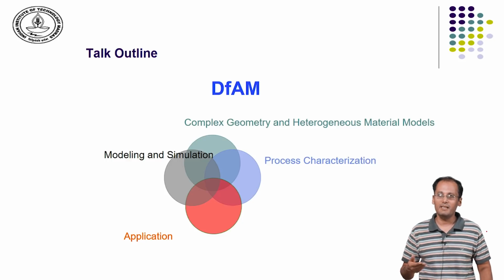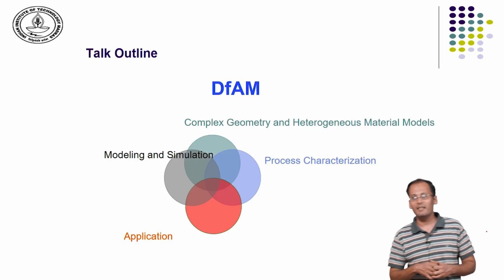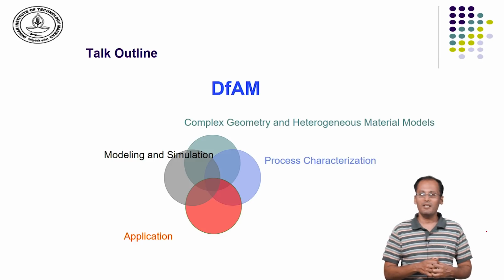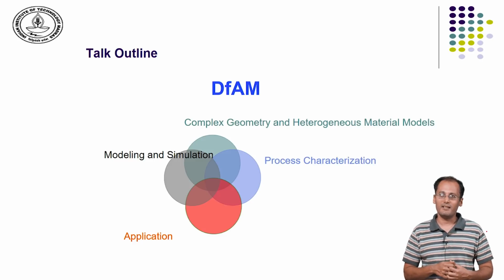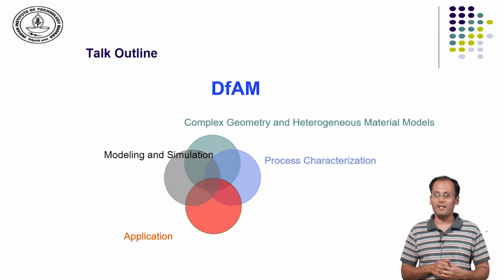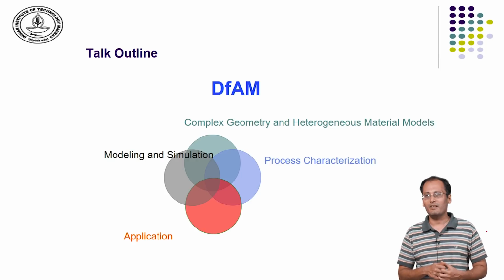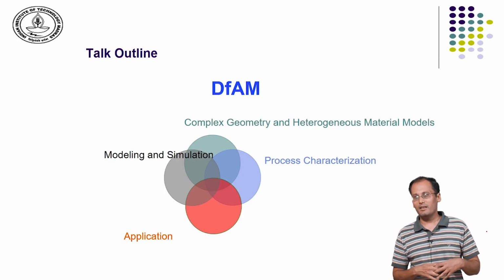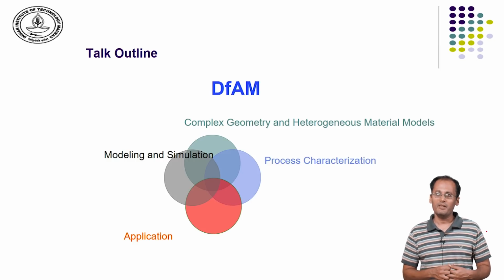Since we are adding material, it is possible to build very complex shapes, because in subtractive machining processes the accessibility of the tool becomes a constraint in creating very complex shapes. But when we add material, such a constraint is typically not present, and one can create a large variety of very complex shapes. So, what was not possible earlier is possible now.